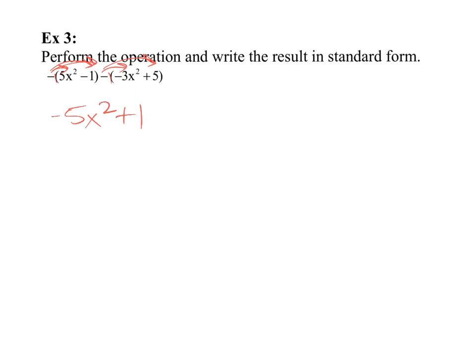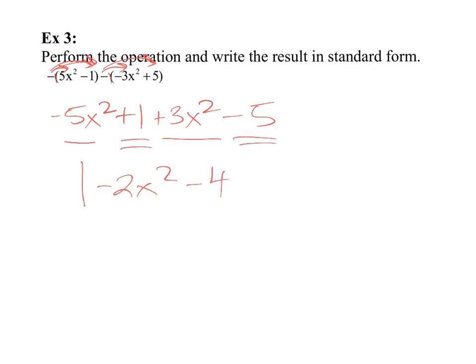All right, so we have plus 3x squared, then we have minus 5. All right, and now we're going to simplify. So we have negative 5x squared plus 3x squared, which is negative 2x squared, and 1 minus 5, which is negative 4. And that's all we could do. Done. Next example.